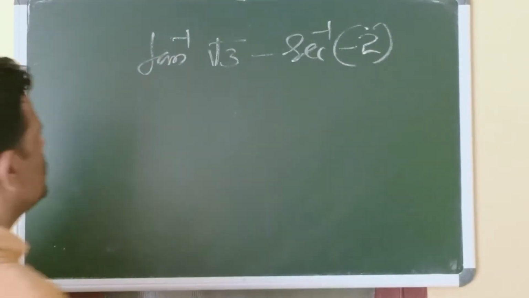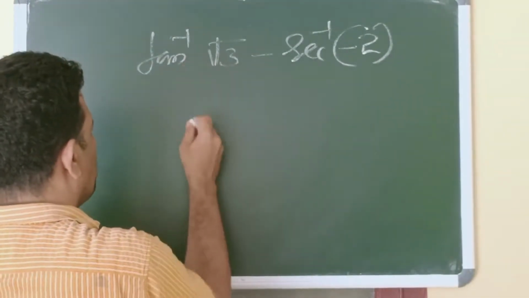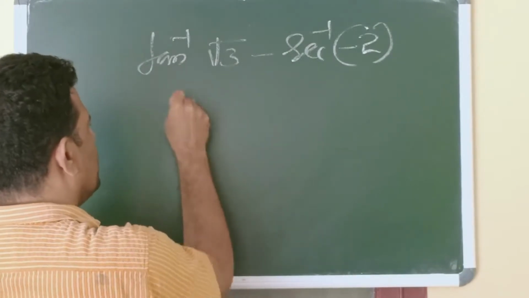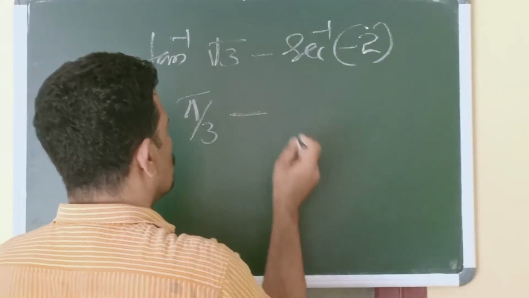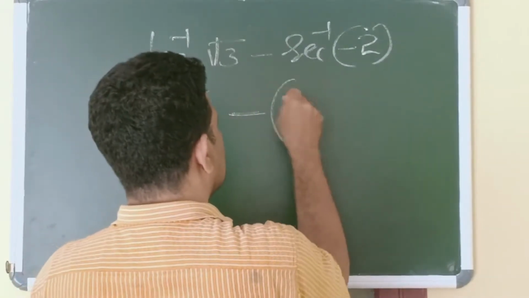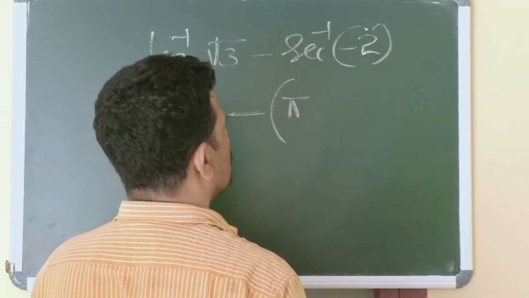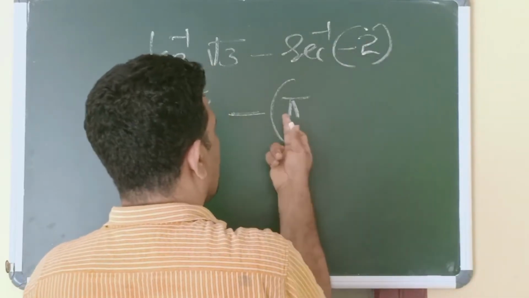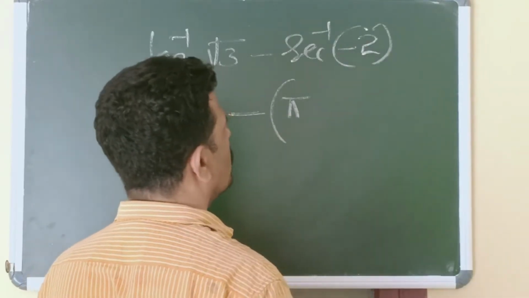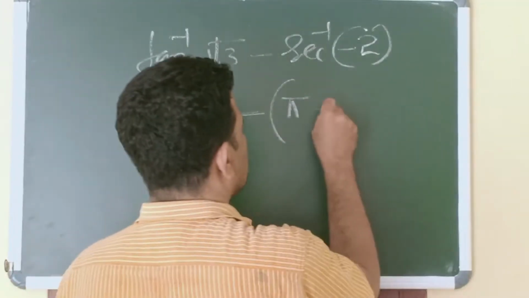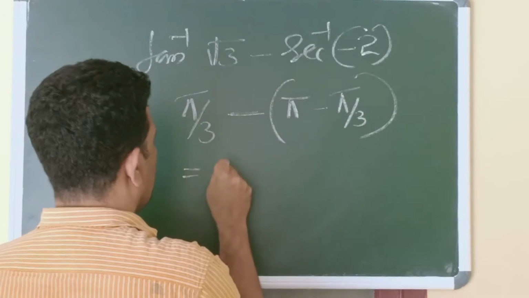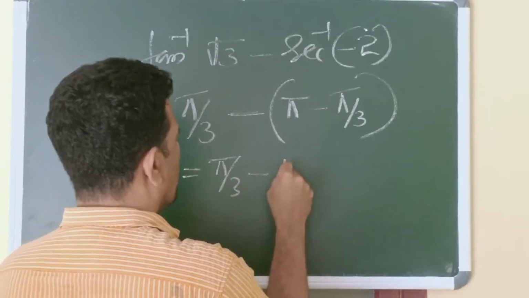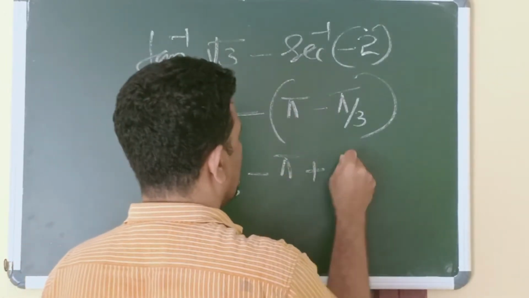This is directly from the table, we can write it as pi by 3 minus sec inverse of minus 2. Sec inverse of minus 2 means pi minus sec inverse 2. Sec inverse 2 is pi by 3. Therefore the answer is pi by 3 minus pi plus pi by 3.